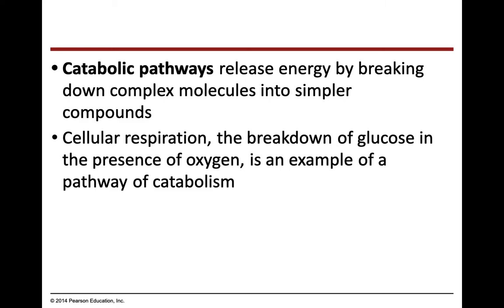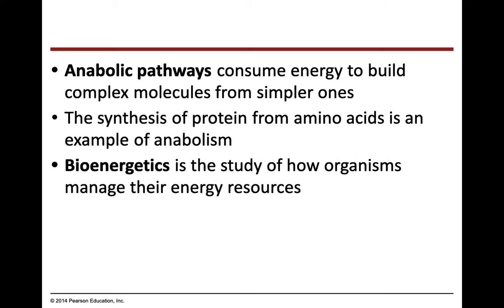I often think of catabolic pathways as exergonic reactions because heat will be released. And then anabolic, think anabolic steroids, uses energy and time to build up complex molecules from simpler ones. For example, making proteins from amino acids or glycogen from glucose are two types of anabolic pathways.